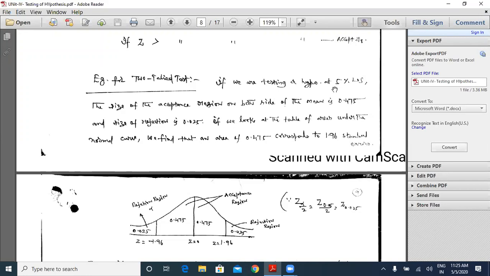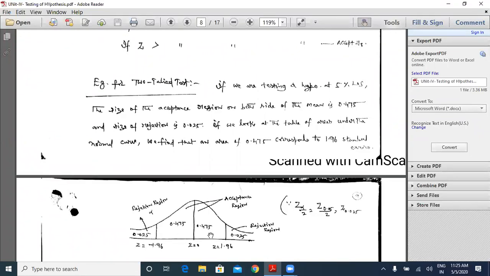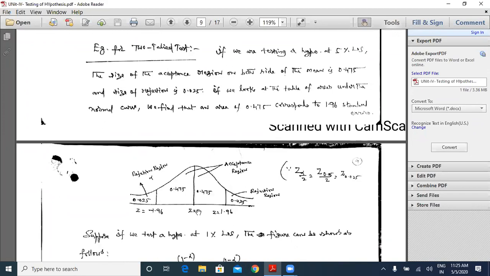Divided into two parts, we get 0.025 here and 0.025 on the other side. The remaining area here is 0.475, and similarly here also the remaining area is 0.475.